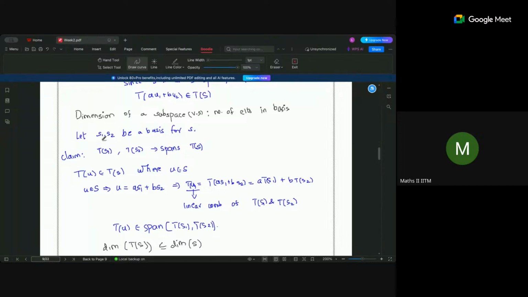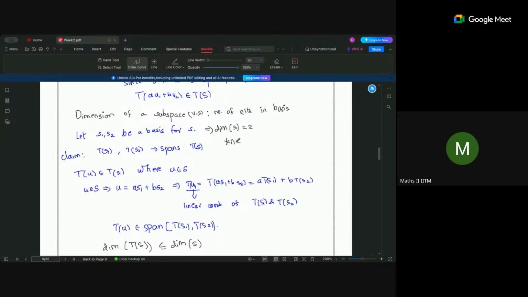What is the dimension of S from this? It is 2, because the basis has 2 elements. Now, this set T of S is spanned by 2 elements. So here we don't know how many elements are there in the basis, but we have a spanning set. What can you say about the dimension from a spanning set?